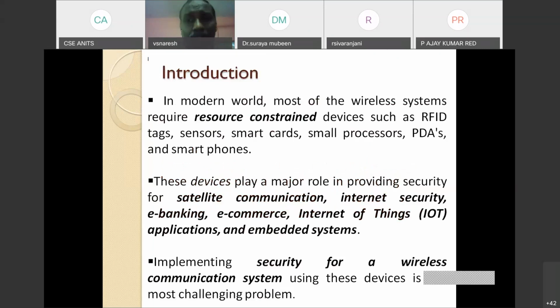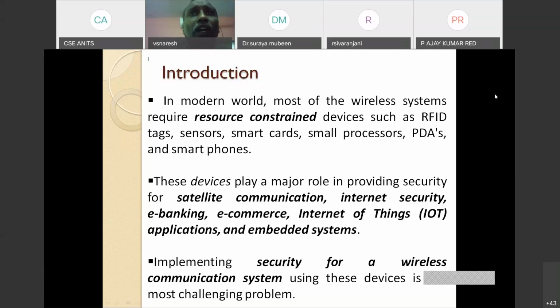In the modern world, most wireless systems have resource constraints. You all know wireless systems like RFID tags, sensors, smart cards, small processors, PDAs, and smartphones. These all have resource constraints, so computation is very difficult on such devices.